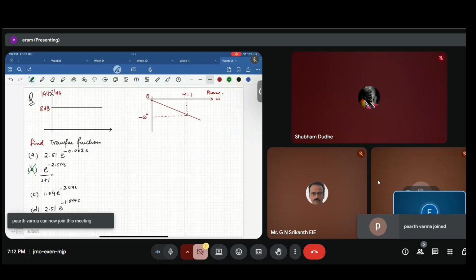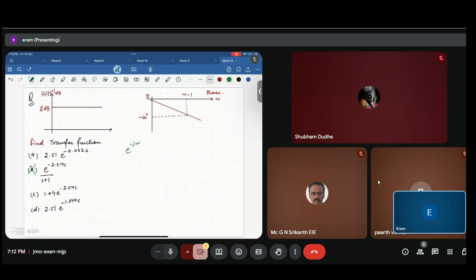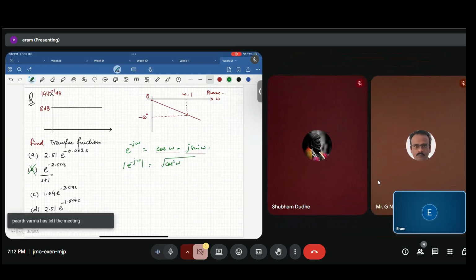We know that for any exponential, since s can be written as j omega, it can be written as cos omega minus j sin omega. What is the magnitude of this? If you calculate the magnitude, it will be nothing but the square root of cos square plus sin square, that means equal to 1. So the magnitude contribution of the exponential is 1.